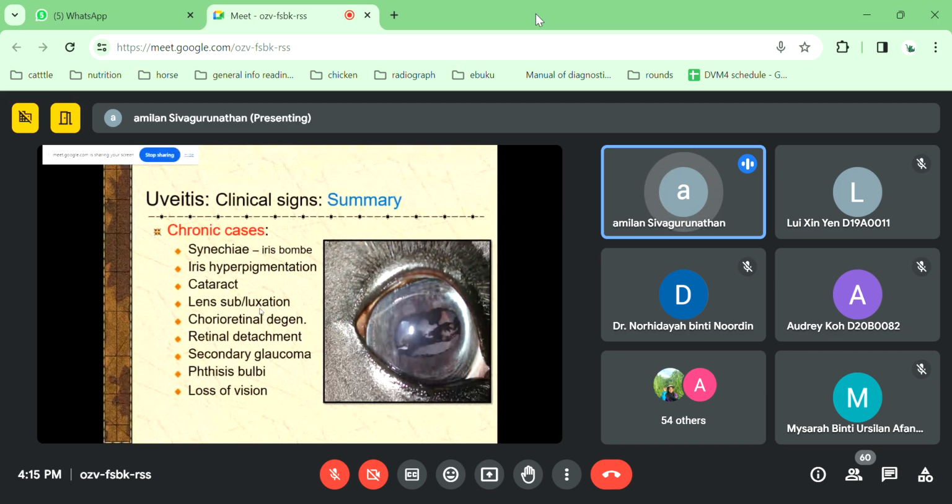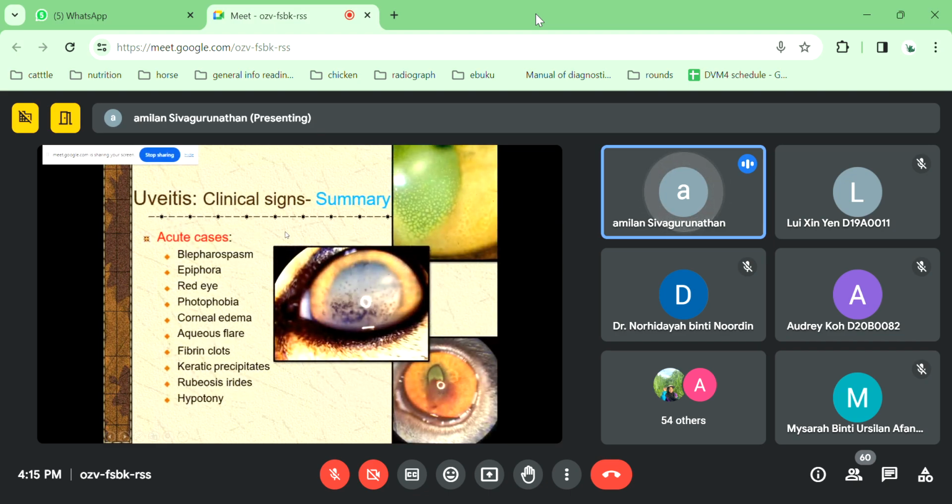Chorioretinal degeneration refers to the retina. This is happening in the back segment of the eye, where the retina and the blood supply shrink, and of course, secondary glaucoma. So these are the signs of chronic uveitis, and this is the sign of acute uveitis.